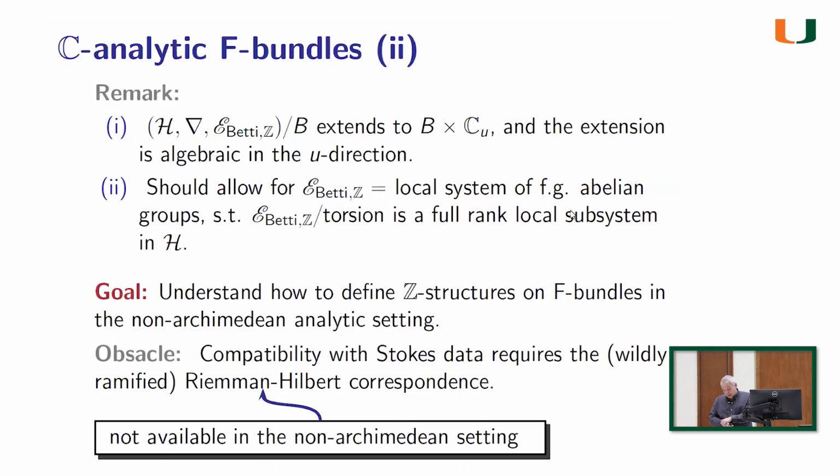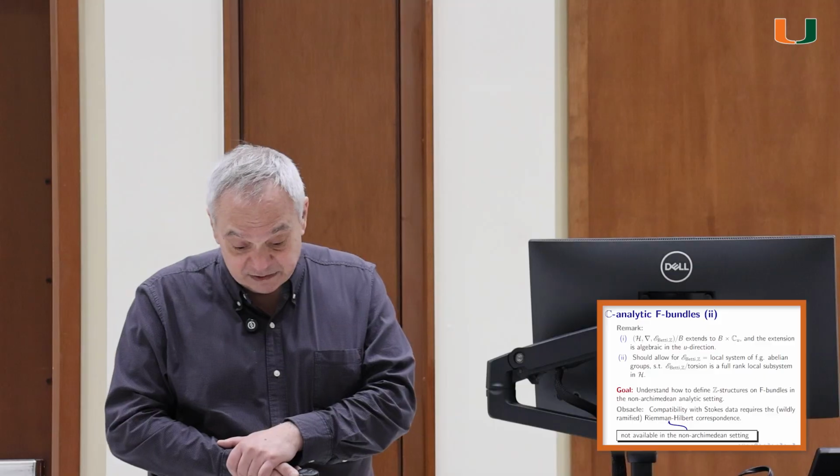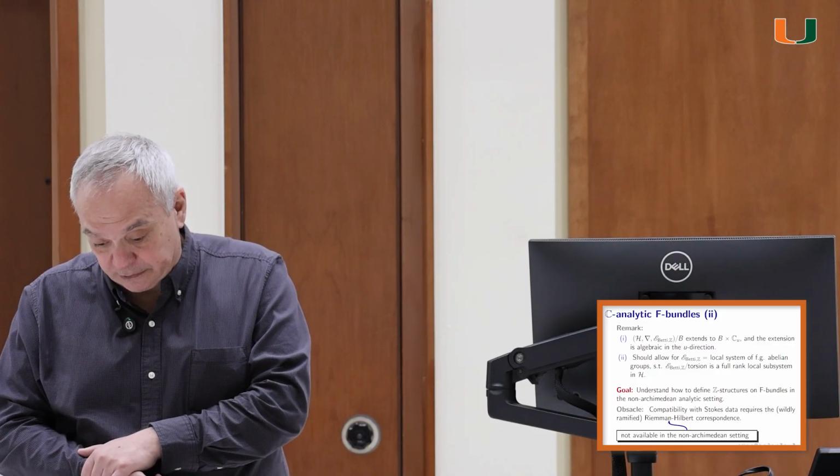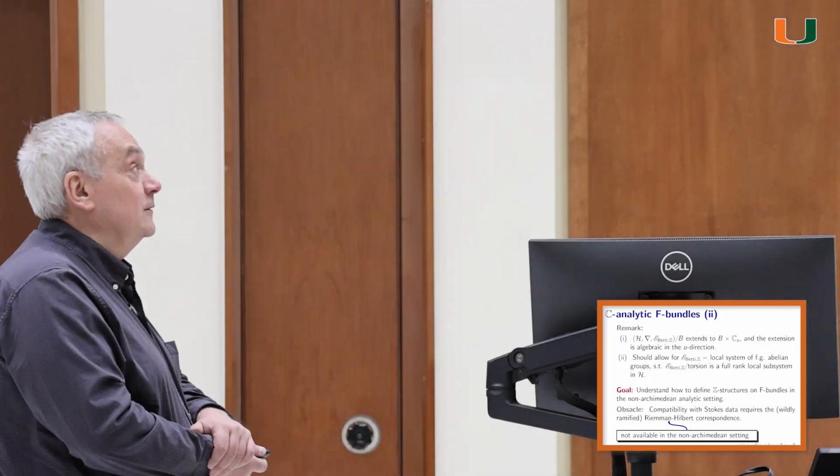Very recently, people were able to construct a full version of the Riemann-Hilbert correspondence for flat bundles in the non-Archimedean case in the mixed characteristic situation. But it's very complicated and requires this ring or field of periods of Fontaine, and this doesn't quite transplant to the equal characteristic case. So you need to do something else.